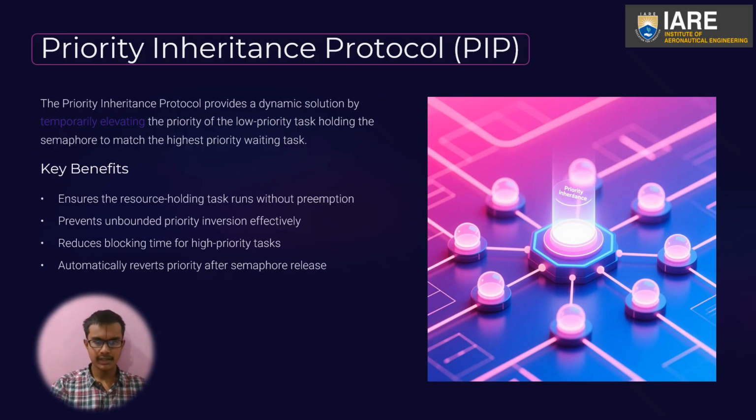PIP ensures the resource holding task runs without preemption. It prevents unbounded priority inversion efficiently. It reduces blocking time for high priority tasks. It automatically reverts priority after semaphore release.